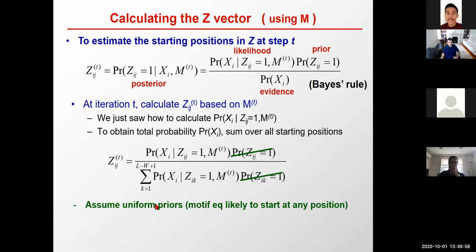You can assume a uniform prior, that the motif, for example, is equally likely to start at any position, and then you're all set. However, you could also use a non-uniform prior if you have some chromatin immunoprecipitation. You could use the height of the peak as your prior. Or if you have evolutionary conservation, you could outweigh the conserved locations, and so on and so forth.